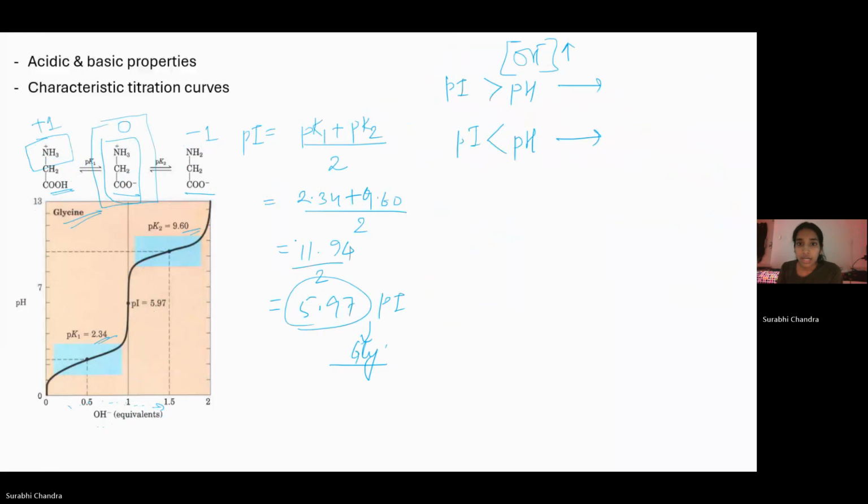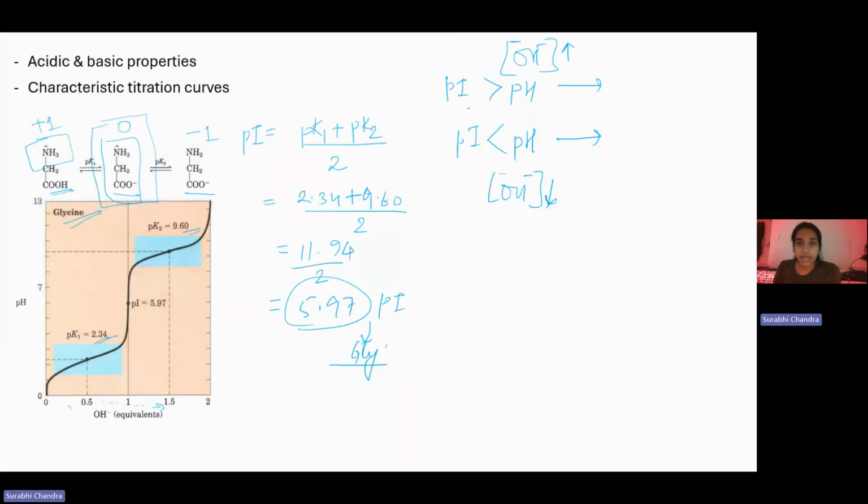When pH is less than pI, we have a greater amount of H plus ions or a lesser amount of hydroxide ions in the solution.